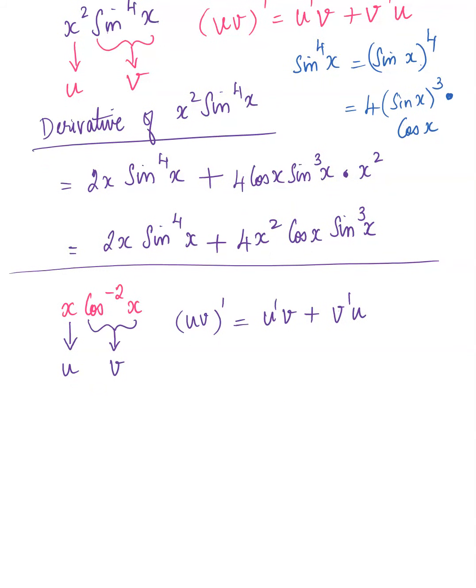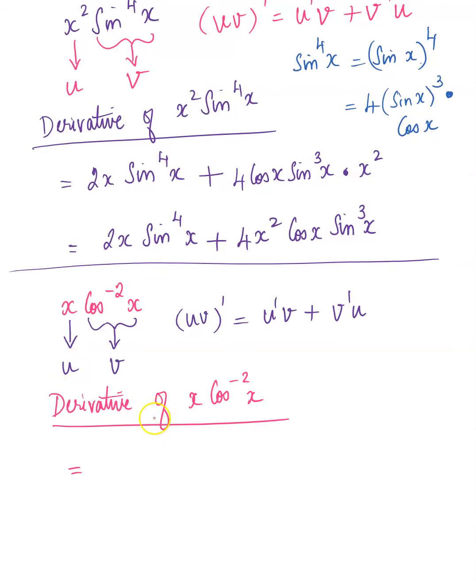And so derivative of x cosine power negative 2x will be u prime, which is x, so u prime is 1, times cosine negative 2x plus v prime.